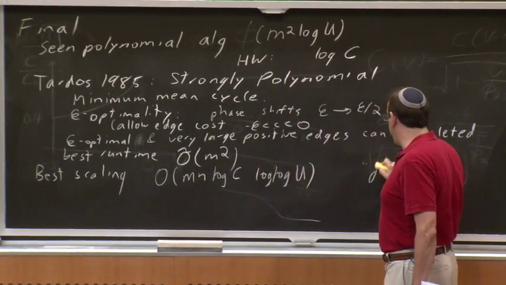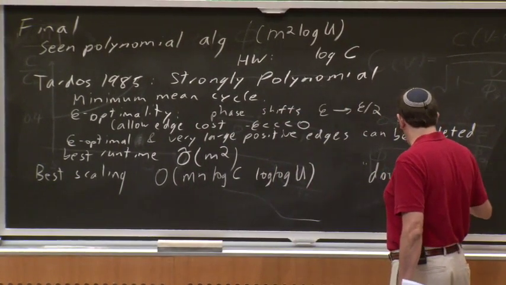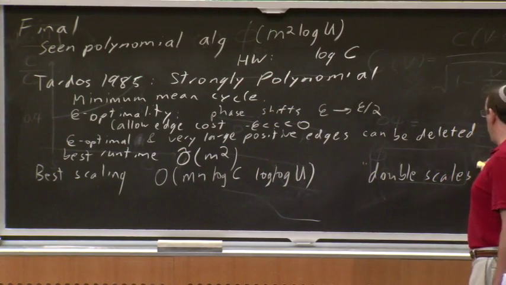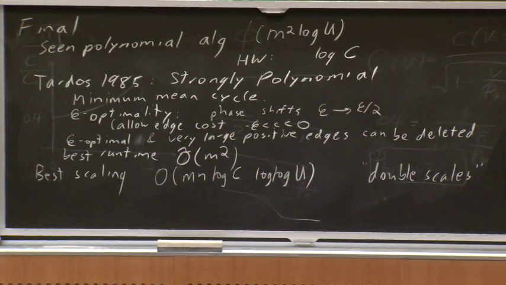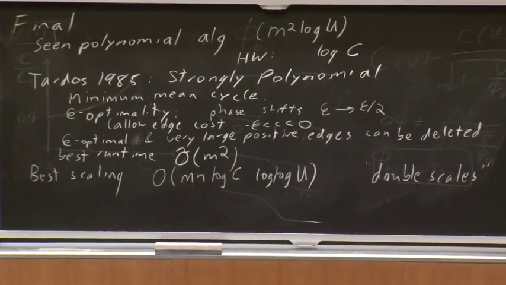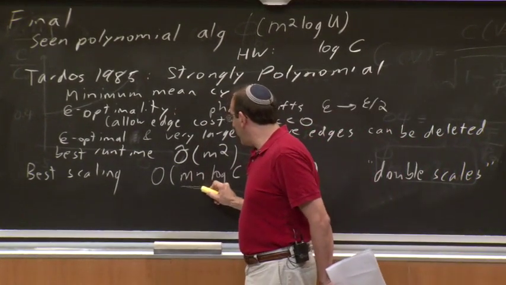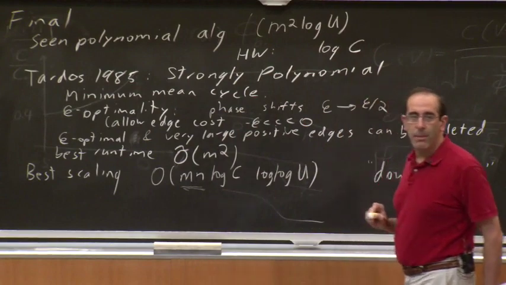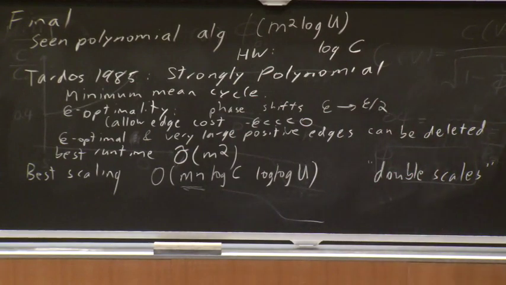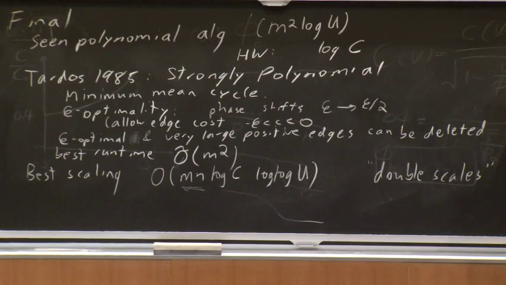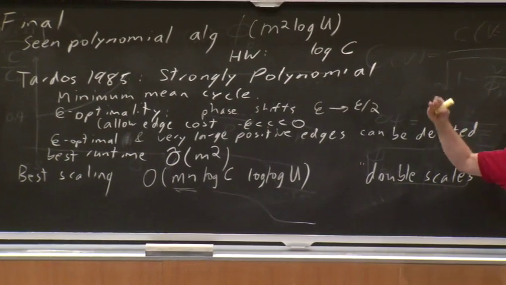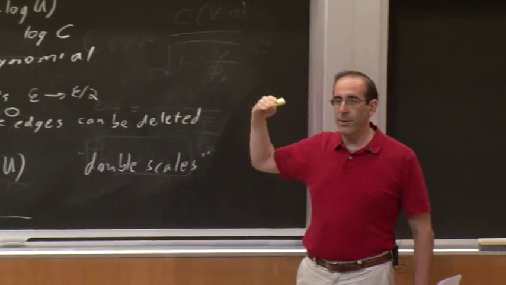It's called a double scaling algorithm for obvious reasons. You alternately scale on costs and capacities. What's crucial is that it gives you a running time of mn, which is the same running time as we saw is the best we can do for max flow in general. So min cost flow with scaling can be done in roughly max flow time.